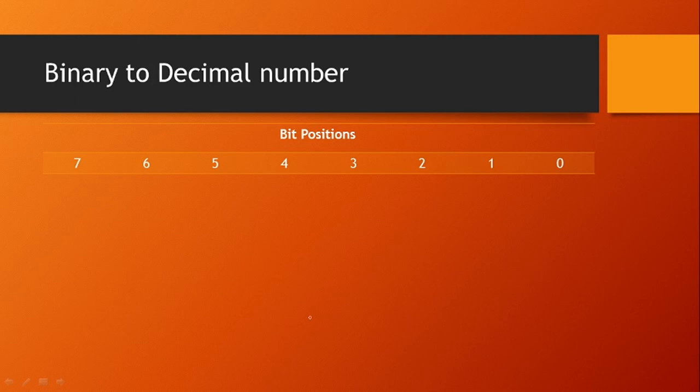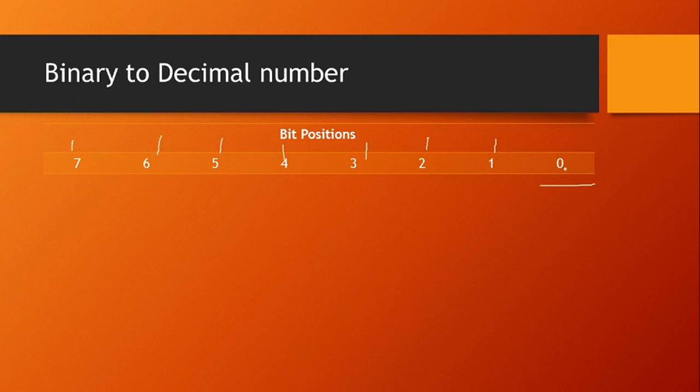If we have 8 bits, that can be called 1 byte, and their positions go from right to left. The rightmost bit position is the 0th position, then first, second, third, fourth, fifth, sixth and seventh.